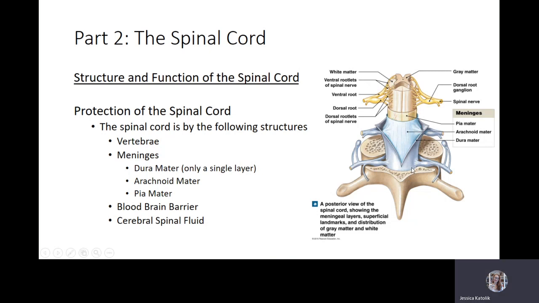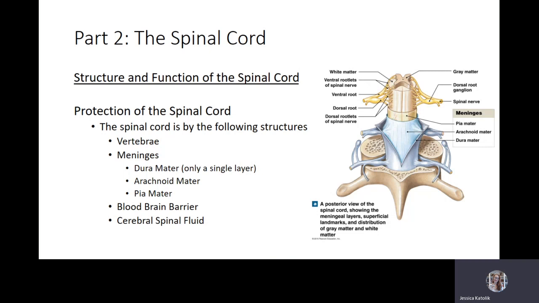Some different spaces that are of interest: we have the subarachnoid space. Because the subarachnoid space contains the cerebral spinal fluid, clinically we can do a spinal tap, and we can actually put a needle into the subarachnoid space and collect some of that cerebral spinal fluid. That can be used to help us identify different infections, especially if there's meningitis.